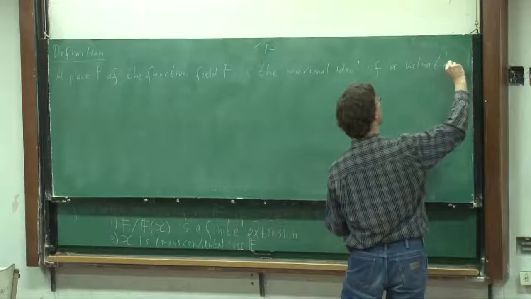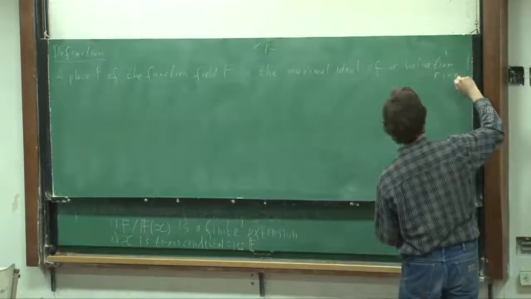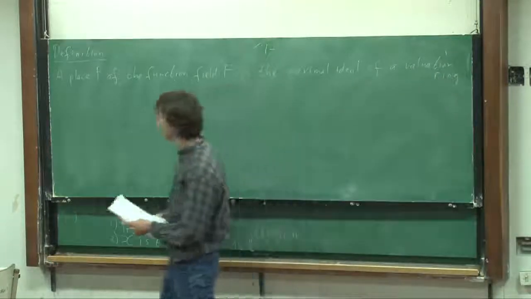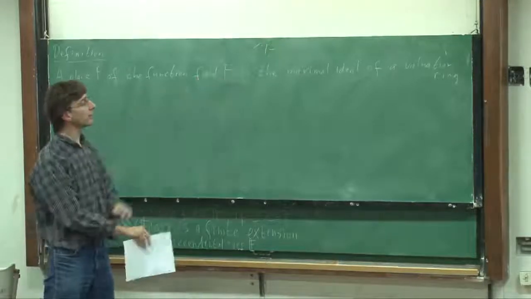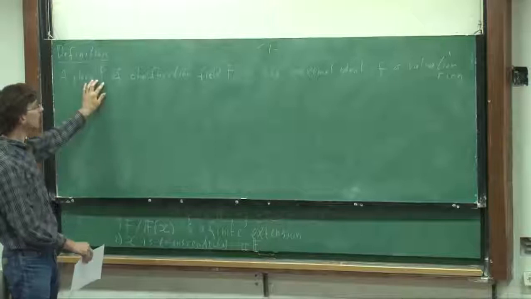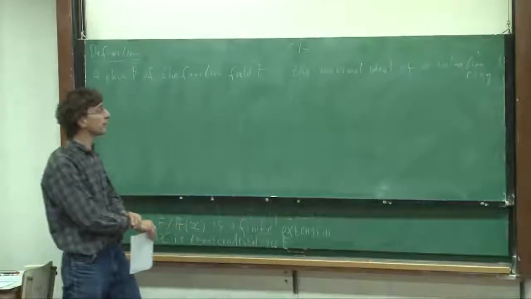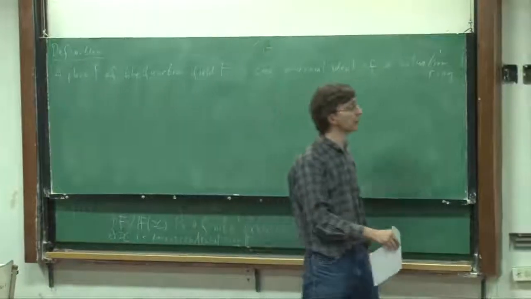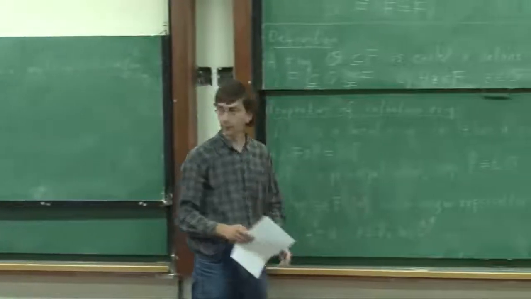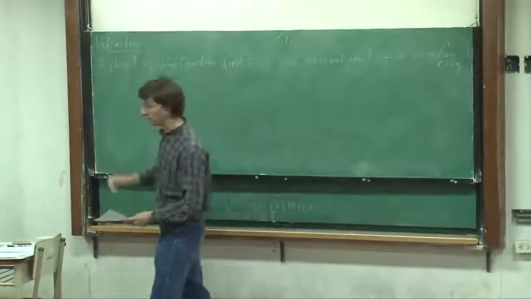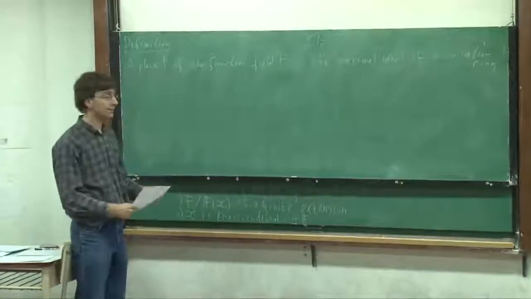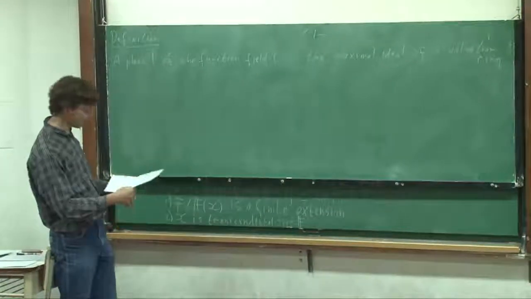So what is it? It is the maximal ideal of a valuation ring of the field F. Yeah, so we have a function field. P is a place if it is the maximal ideal of some valuation ring of F. And this P is going to play the role of points. Even the notation P suggests this. But it's called a place instead of that.